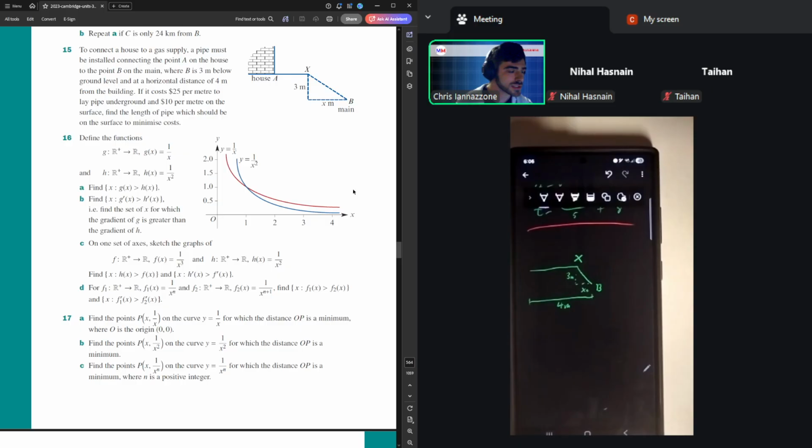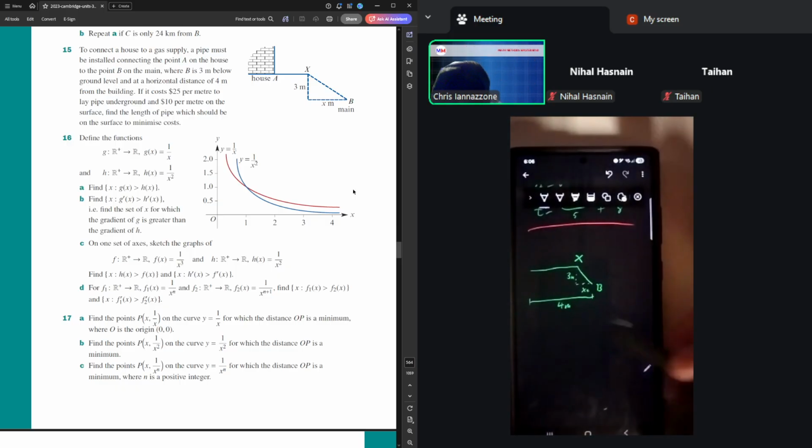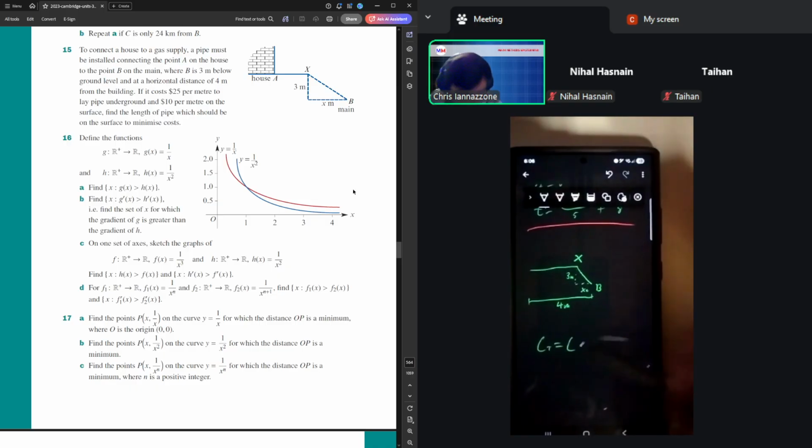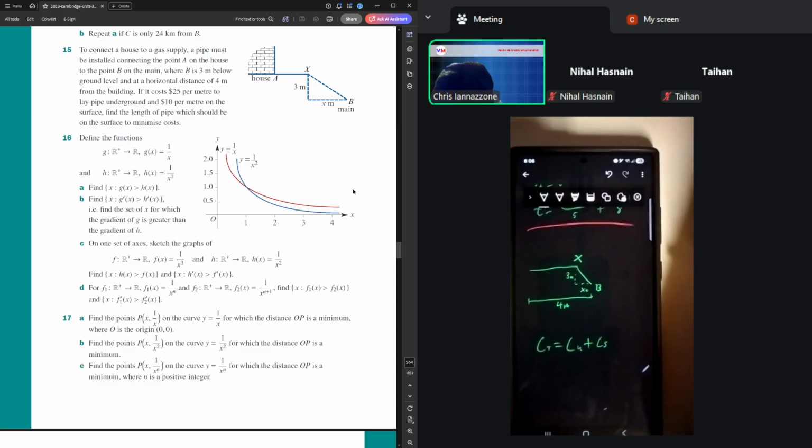So if we think broadly about how much this is going to cost, even without really looking at the picture, you can assume there's going to be some portion of it that's going underground and some portion of it that's going on the surface. So if we think about our costs involved, C total is going to be the cost of the underground, so CU, plus the cost of the surface, CS for surface.